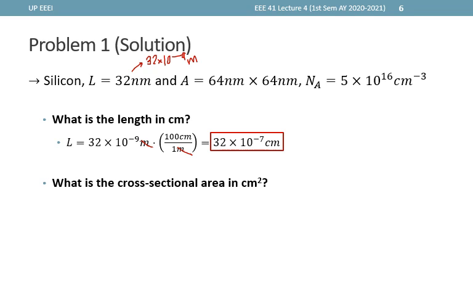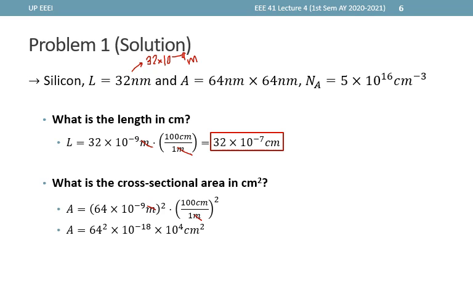Next, the cross-sectional area in centimeters squared. So we have 64 times 10 to the minus 9 meters, squared. We multiply by 100 centimeters per 1 meter, squared, to cancel the meters squared and be left with cm squared. So we have 64 squared times 10 to the minus 9 squared, which is 4096 times 10 raised to minus 18, and 100 squared is 10 raised to 4.